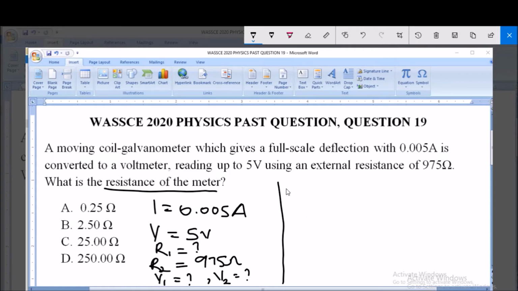Now, let's find V2. V2 is equal to I times R2, and this is equal to 0.005 multiplied by 975, and this is equal to 4.875 volts.